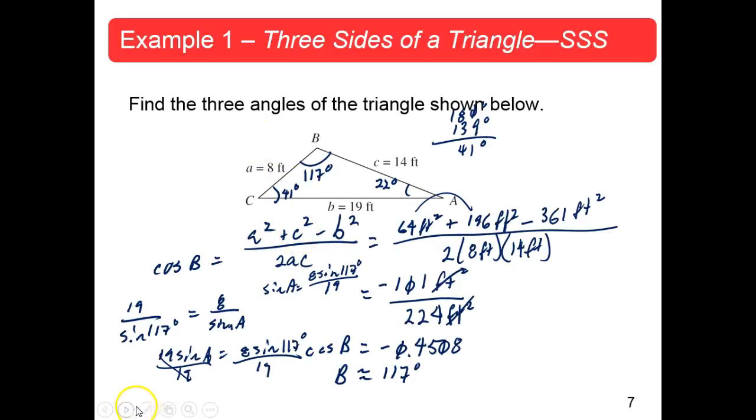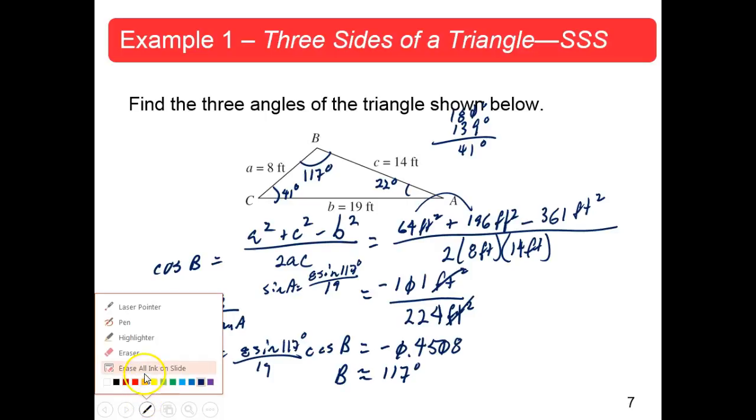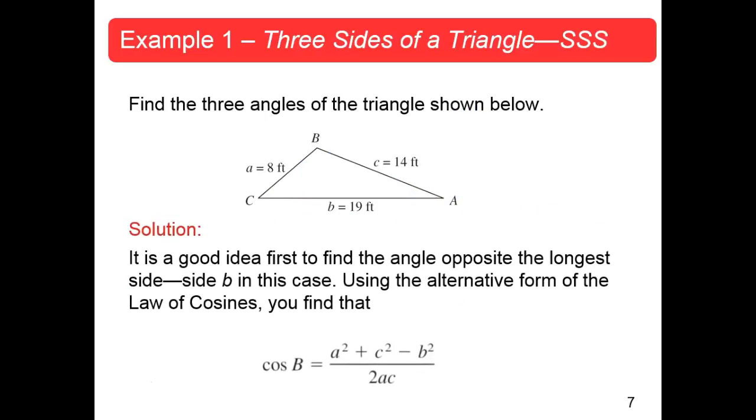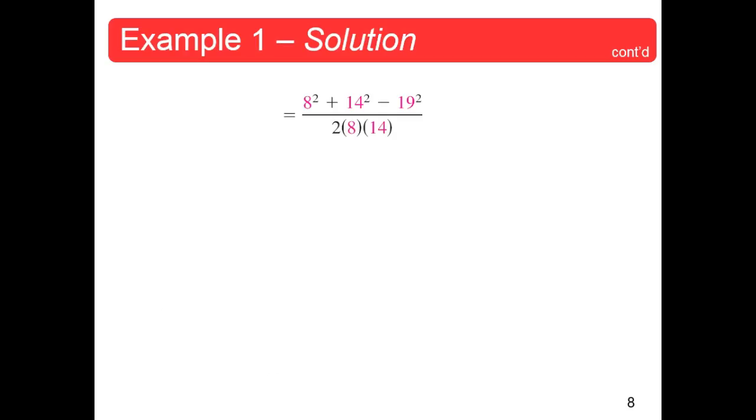Okay. Let's erase all this ink if you're okay with that. And let's see what they did. Good idea first to find the angle opposite the longest side. Side b in this case. Using an alternative form for law of cosines, you see cosine of B is a squared plus c squared minus b squared over 2ac, exactly like you did.